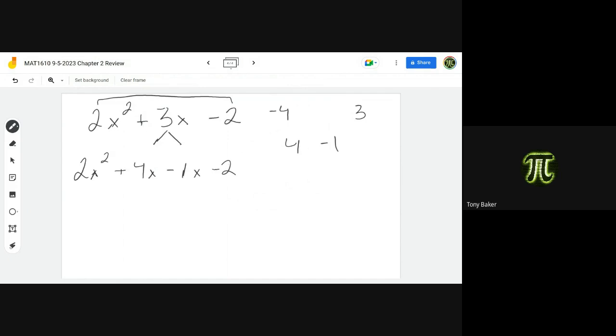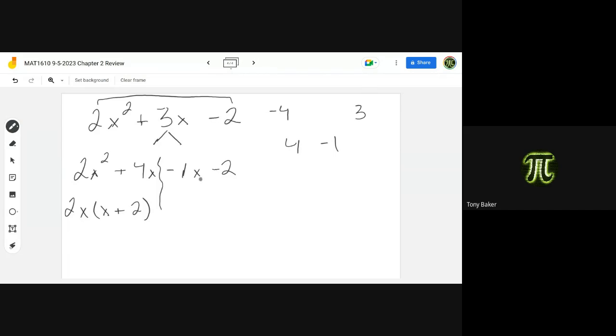So I split the middle term. And now I'm going to factor out of both sides. What can come out of this side is a 2 and x, and what's left is x plus 2.